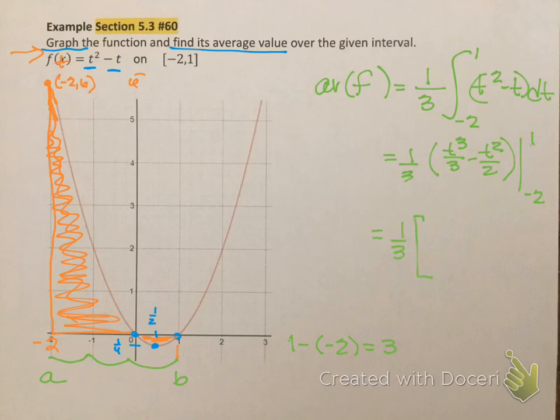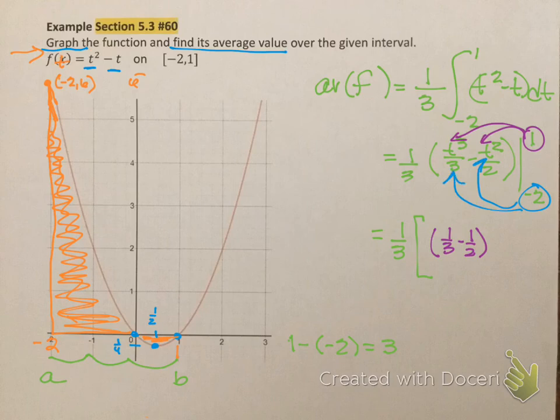When I plug in a 1 for each t, I get out 1/3 minus 1/2. When I plug in a negative 2 for each t, you guys be careful, because let me show you something that you guys mess up on.